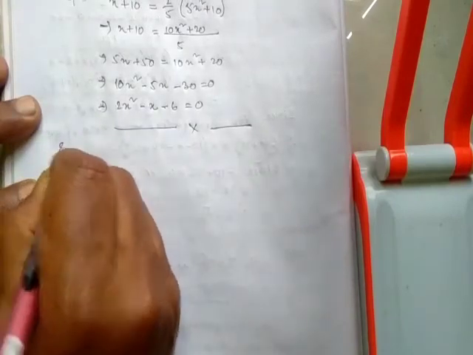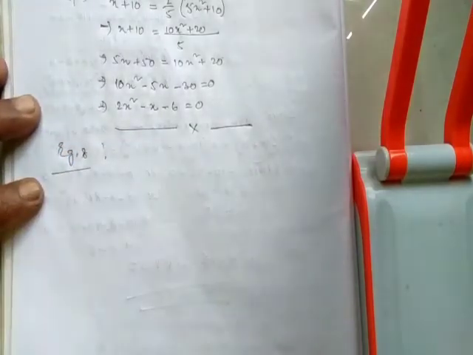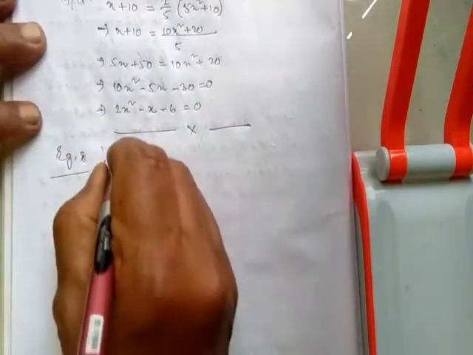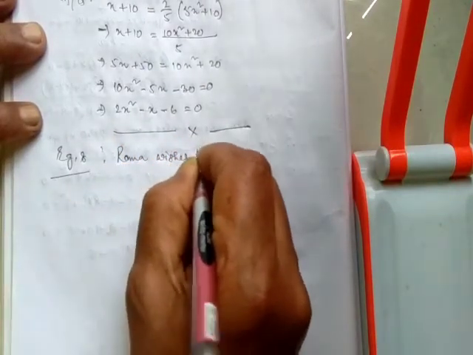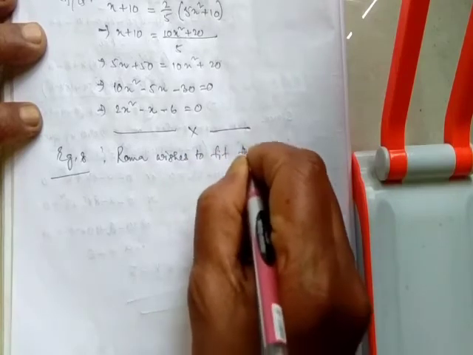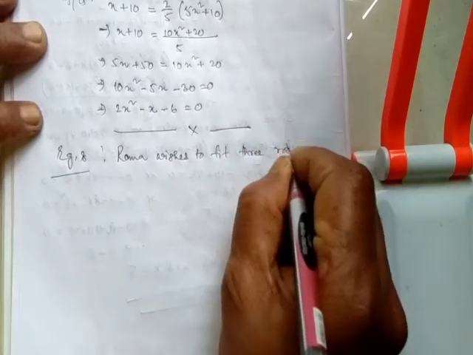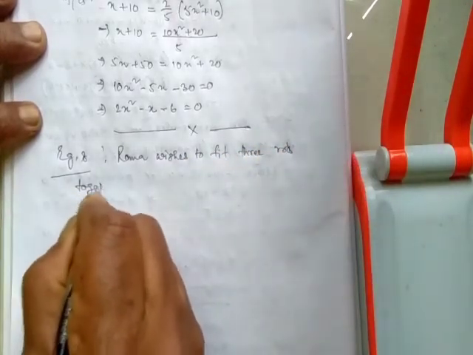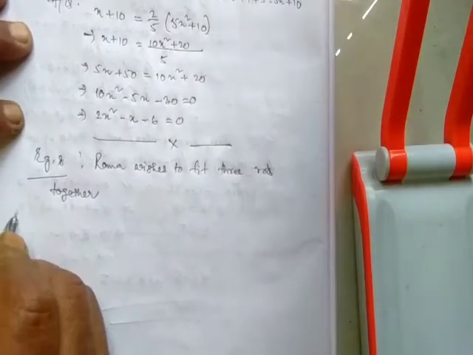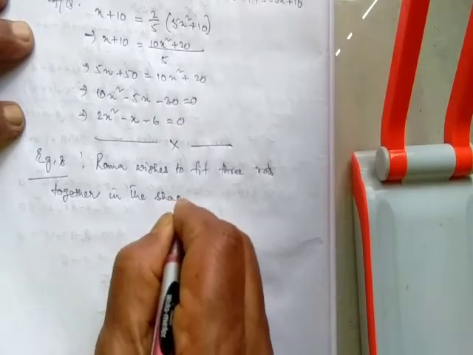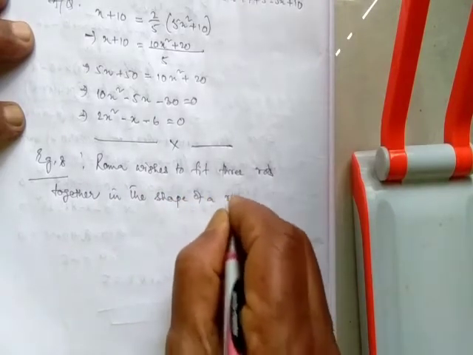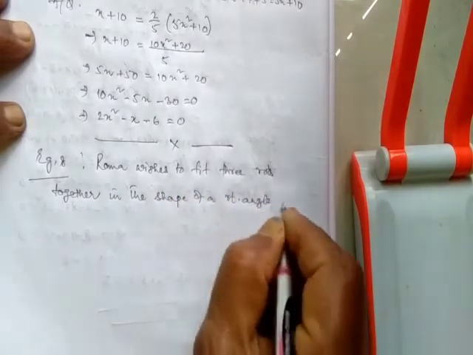Example 8. Rama wishes to fit 3 rods together in the shape of a right angled triangle.